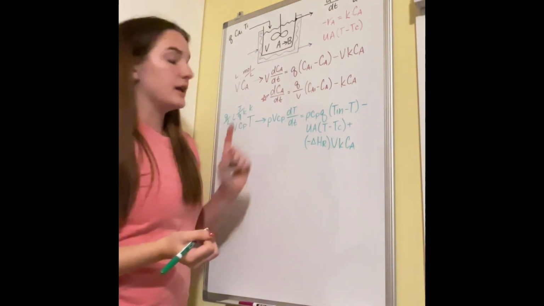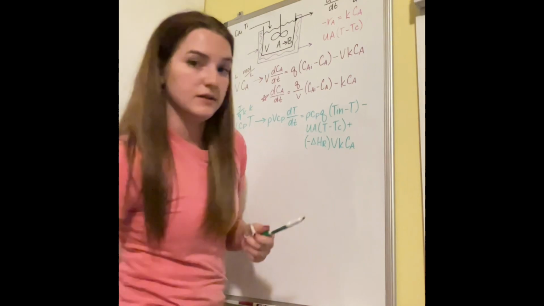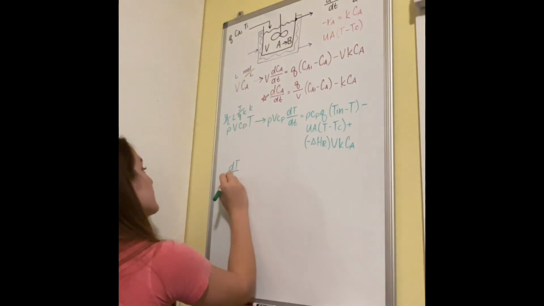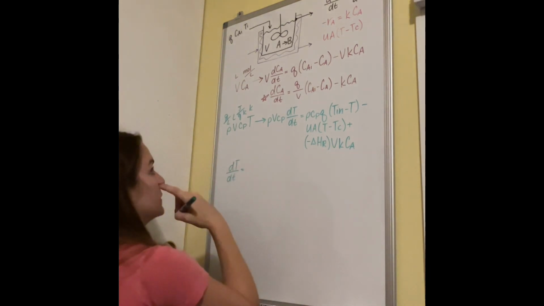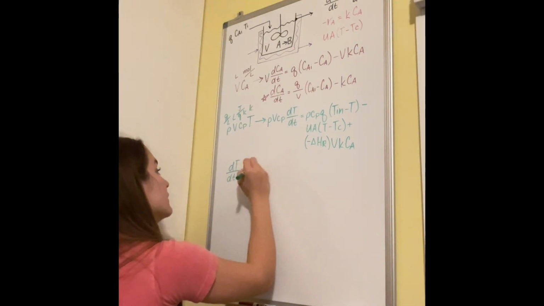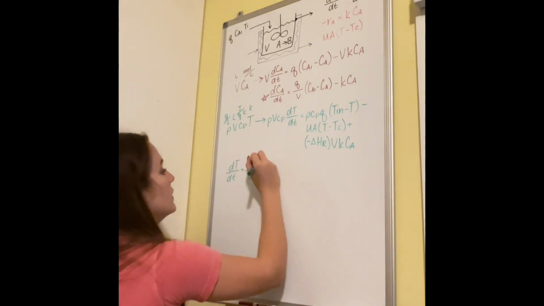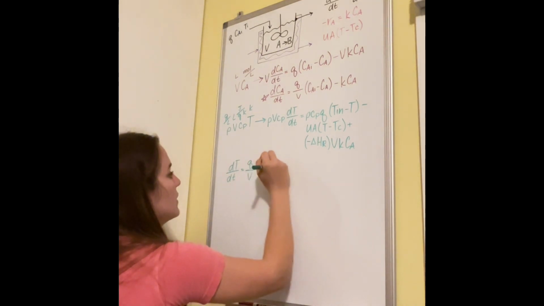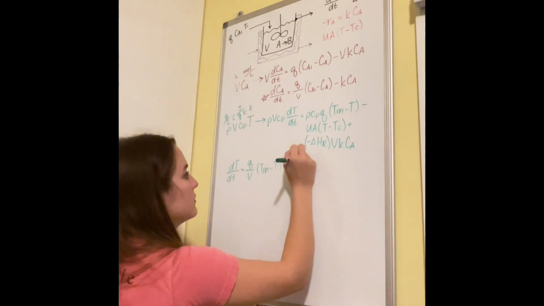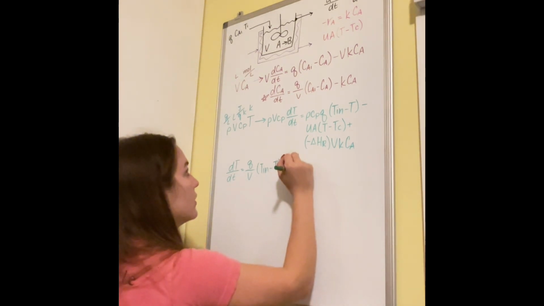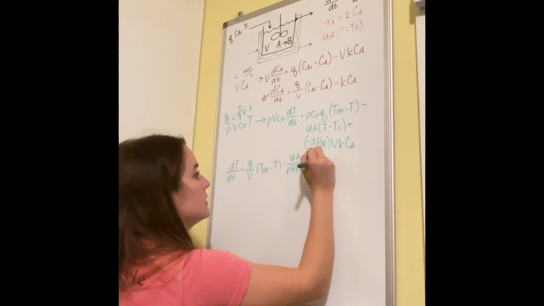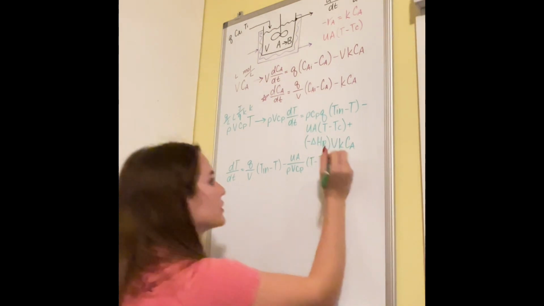And now we are again going to isolate our dT variable. So we're going to have that the change in temperature over the change in time is equal to the heat capacity and the density will cancel, so we'll have Q divided by the volume times Tn minus T, minus our UA divided by our rho V heat capacity times T minus our cooling water temperature.